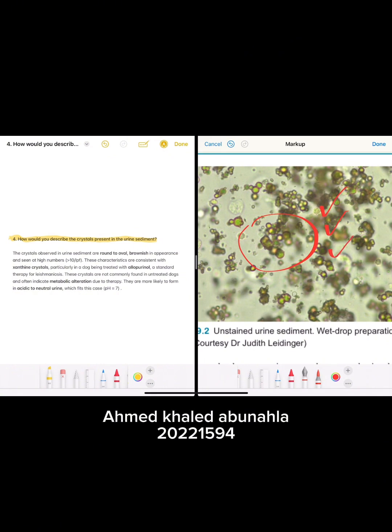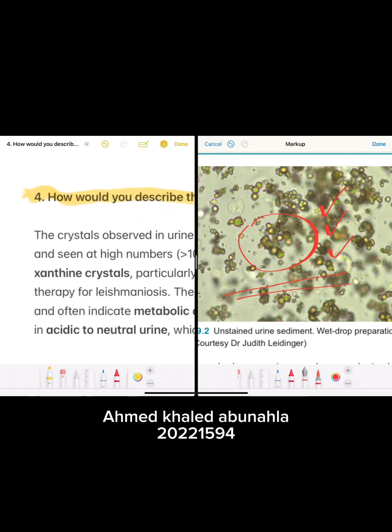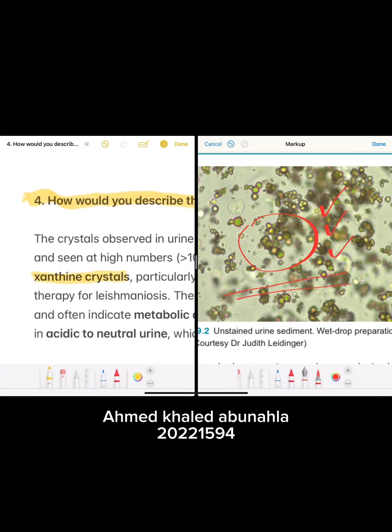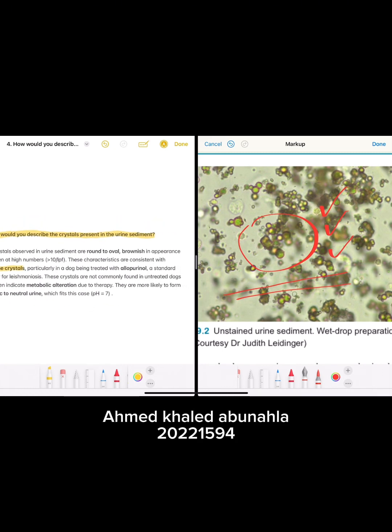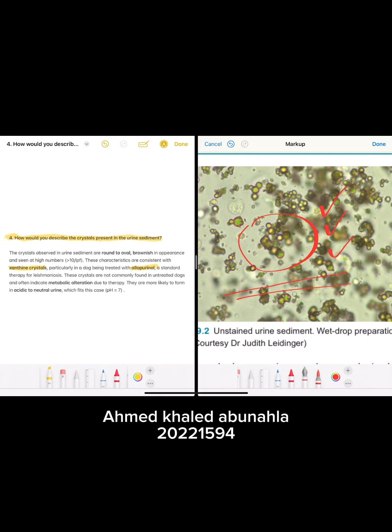All of these features point to xanthine crystals, particularly in dogs being treated with allopurinol, which is a standard therapy for leishmaniasis. These crystals are not commonly found in untreated dogs and often indicate metabolic alteration due to the therapy.